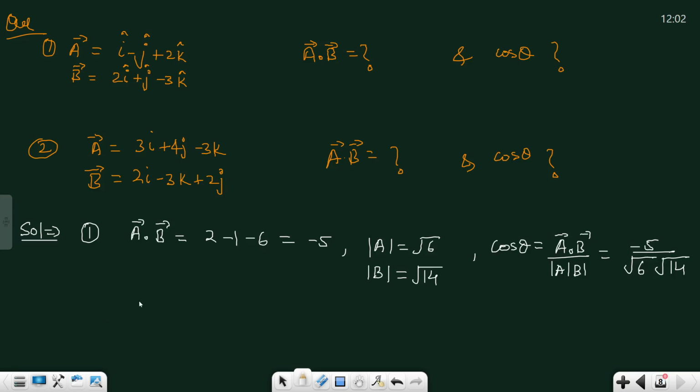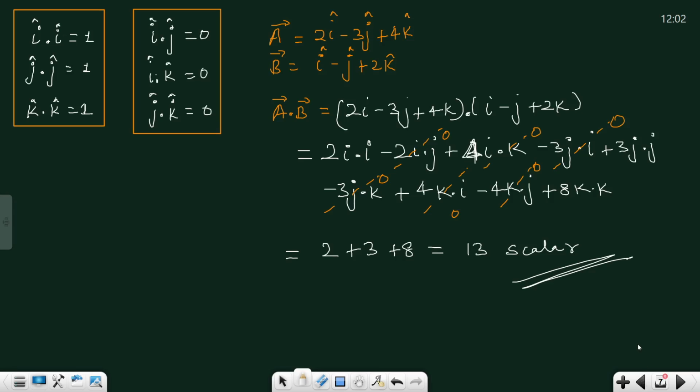Sir, I have some confusion in the solution of the first one. We multiplied everything one by one. No, I was showing you that you can multiply, but still you will get I dot j equals 0, I dot k equals 0, j dot I equals 0, j dot k equals 0. So you don't need to write this, because ultimately you will get 0.